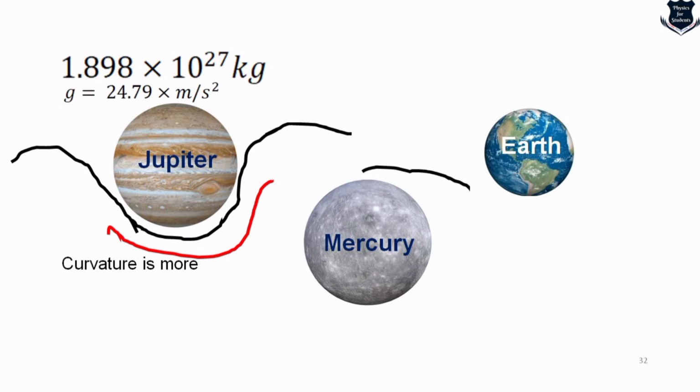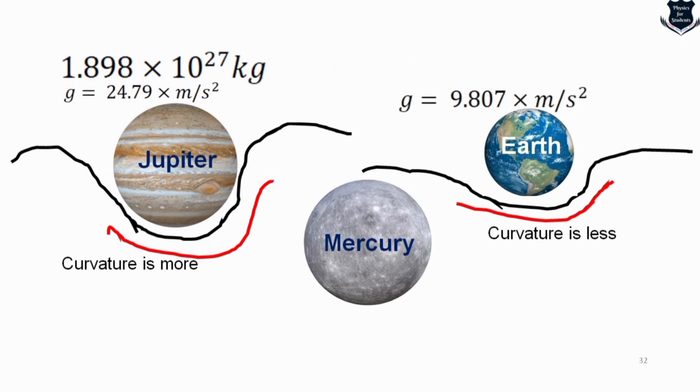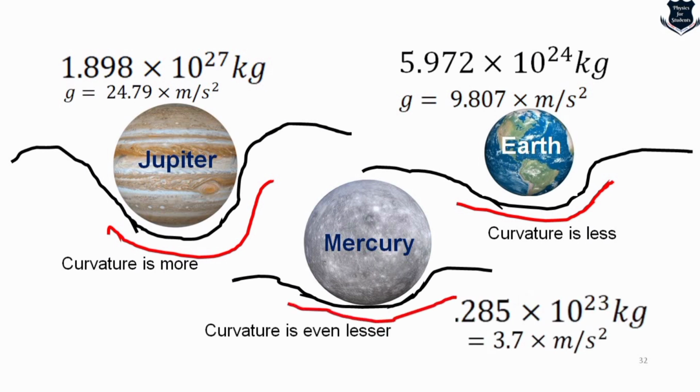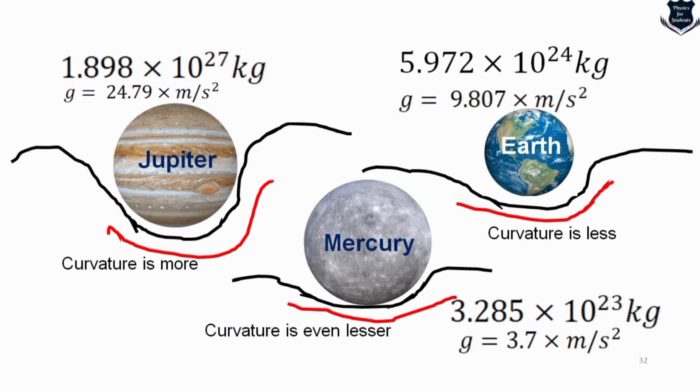Earth is less heavy than Jupiter, so the curvature, as you can see, is less, and that is why the weight and the g vary. And Mercury, being the smallest, has very little curvature compared to Jupiter and Earth, and that is why you can see the weight. So the curvature causes the dent, and it ultimately affects the g and the weight of that particular object. So tensors measure the curvature.